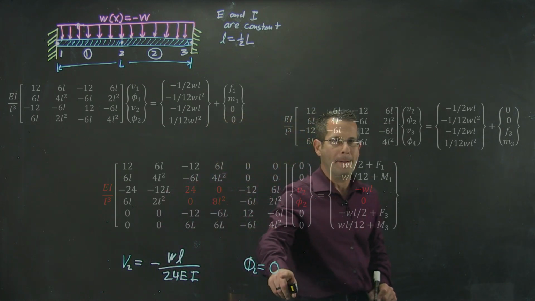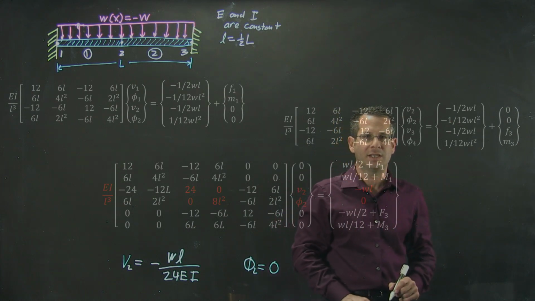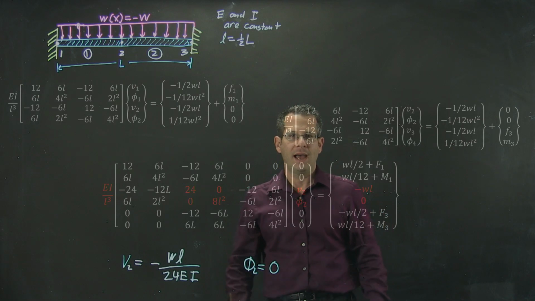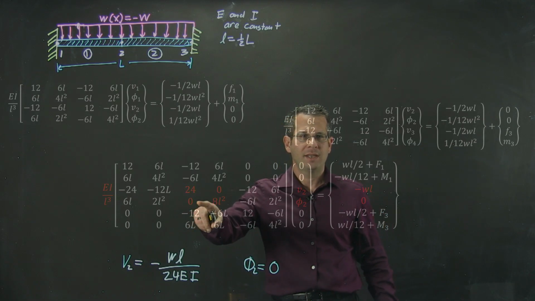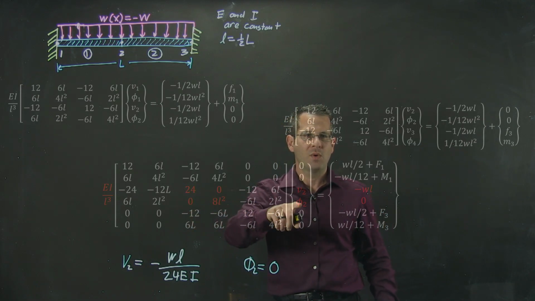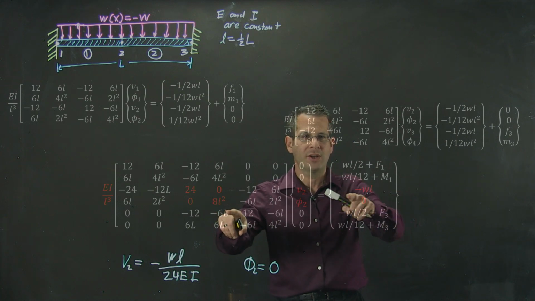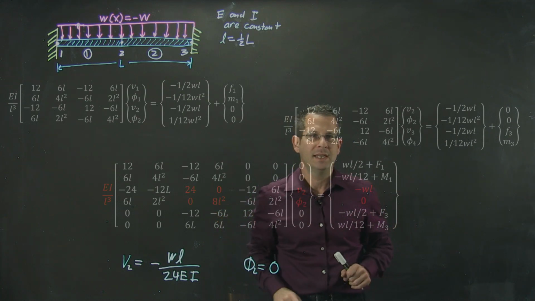Now, a point about phi2 equaling 0. It equals 0 because I have 0 over here, and I have a 0 in this term, and phi2 will be multiplied by 8L squared. The only way I can get a 0 over here is if phi2 is 0.